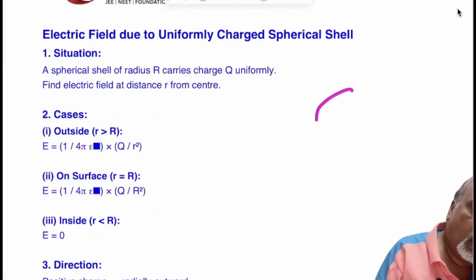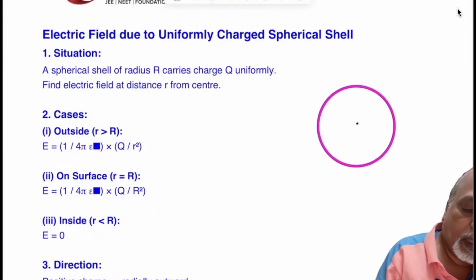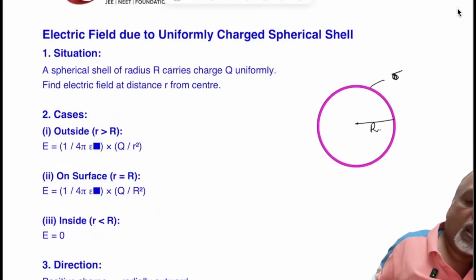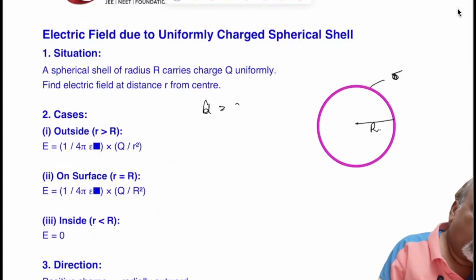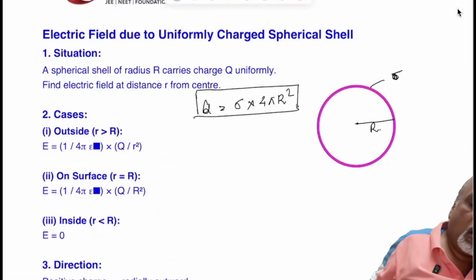Suppose this is your shell, this is the radius R, and you have sigma charge density on it. So naturally, what is the total charge? Sigma into 4 pi R square.